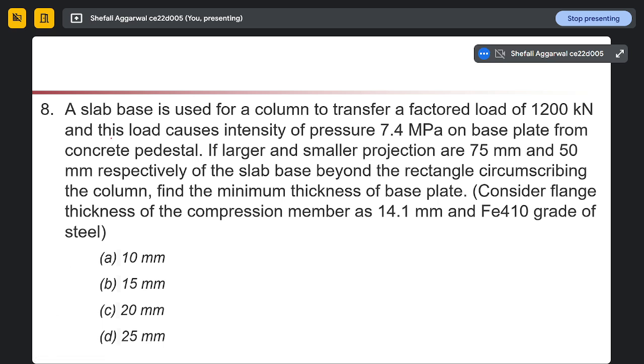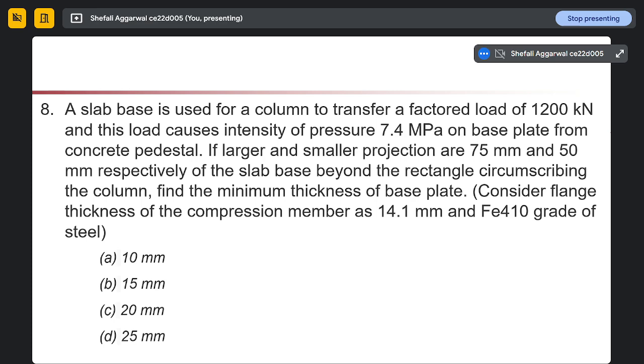We'll go to the next question. A slab base is used for the column to transfer a vertical load of 1200 kilonewton, and this load causes intensity of pressure 7.4 megapascal on the base plate from concrete pedestal.